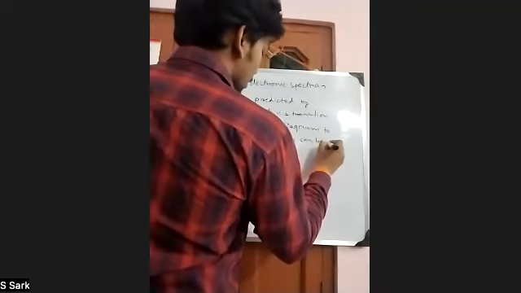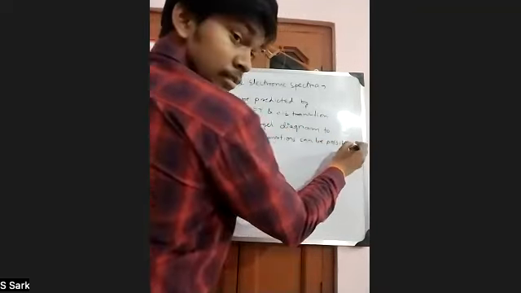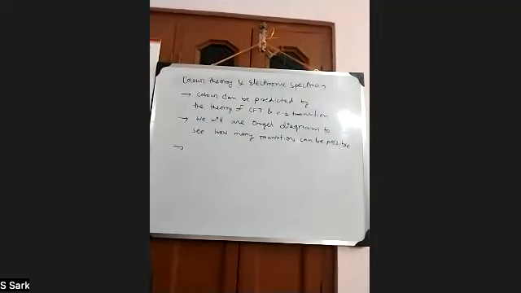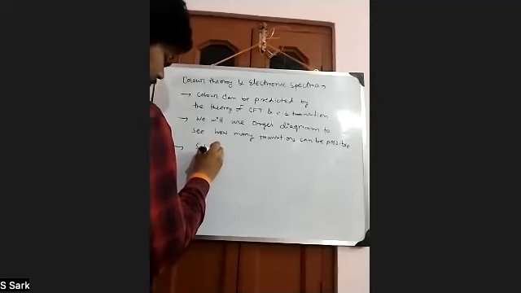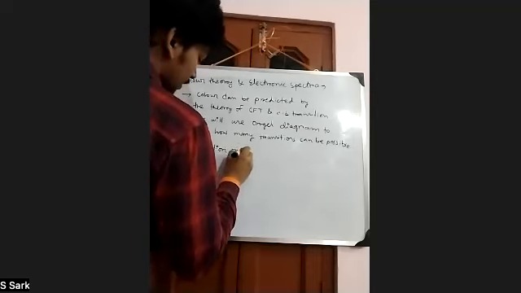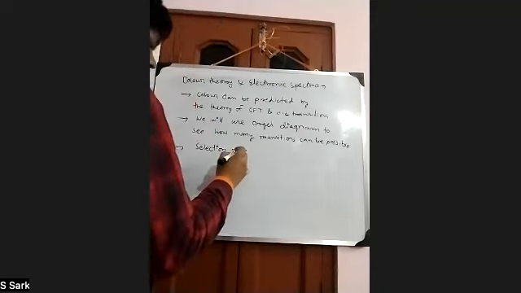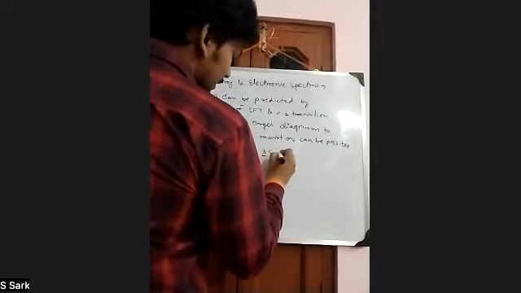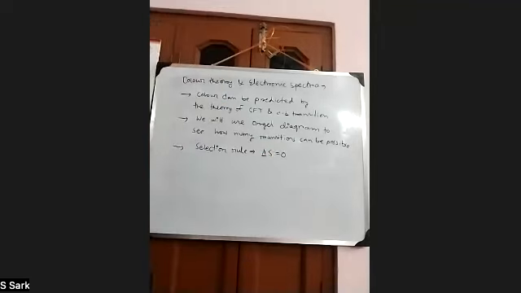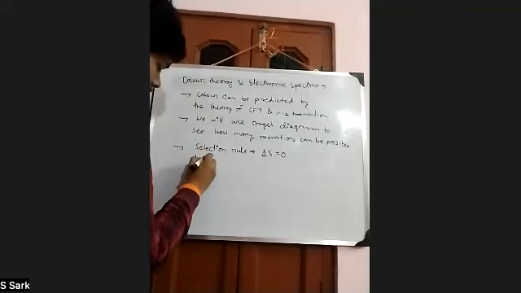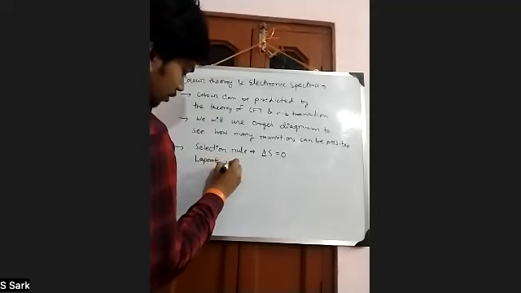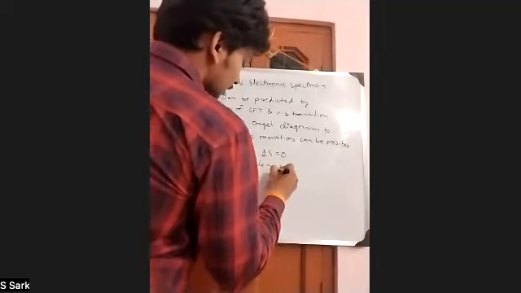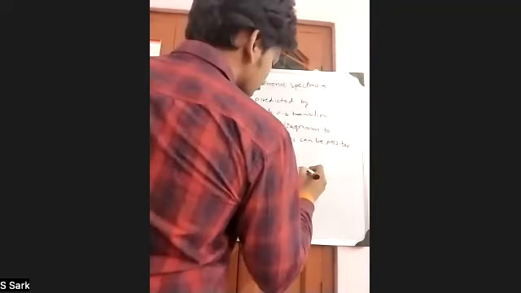And also the transition, if a transition is possible or not, is based on selection rules. There are two rules for transition. One is the spin selection rule, in which del S has to be 0, and the Laporte selection rule, in which it says that del L should be 0 or plus minus 1.